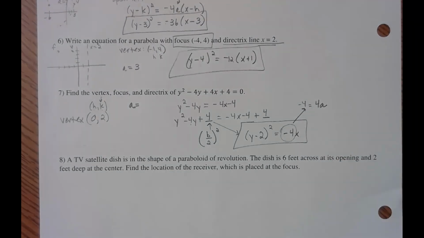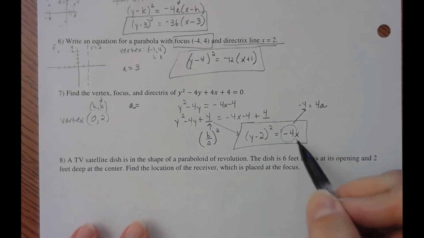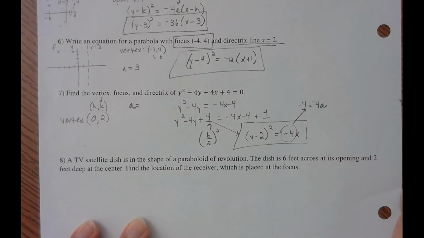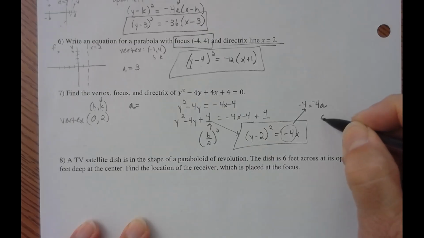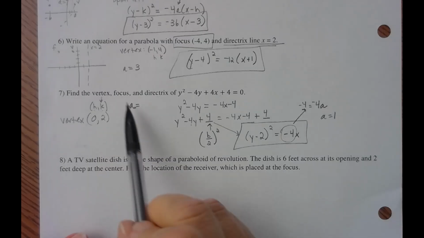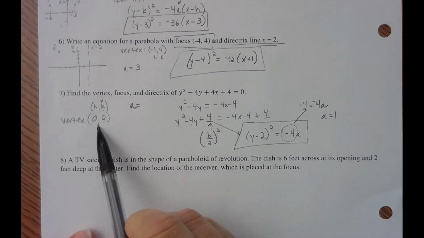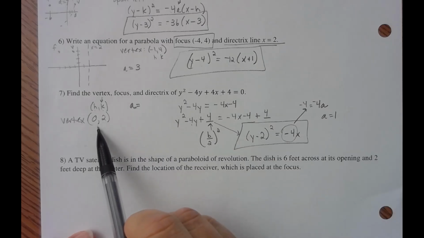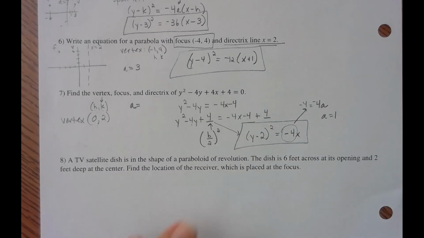Let's see, which way is this opening? This is opening to the left, so that would be negative 4a. Then my a value has to be 1. So that means that the focus is 1 unit away from the vertex, and the directrix is 1 unit away on the other side.